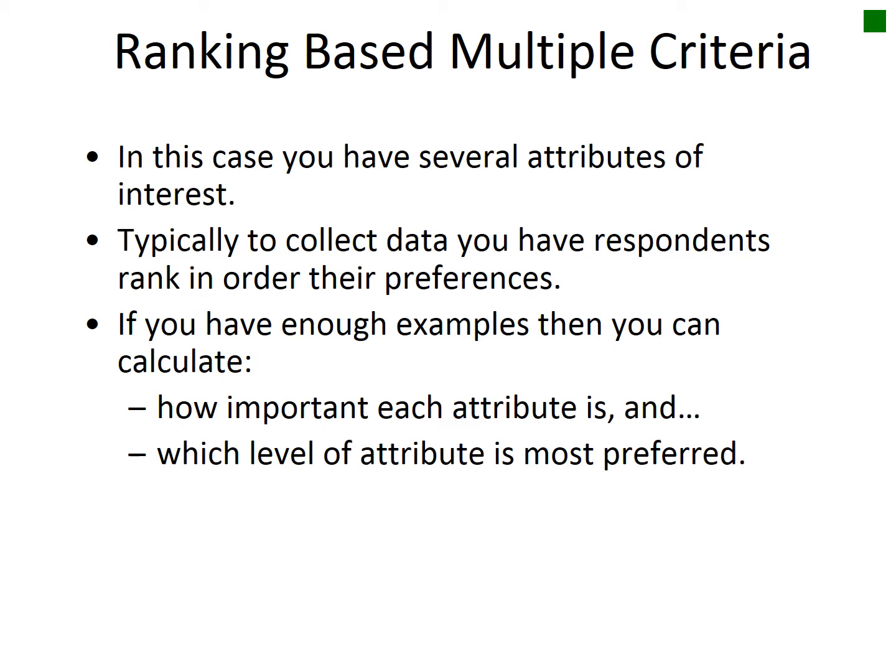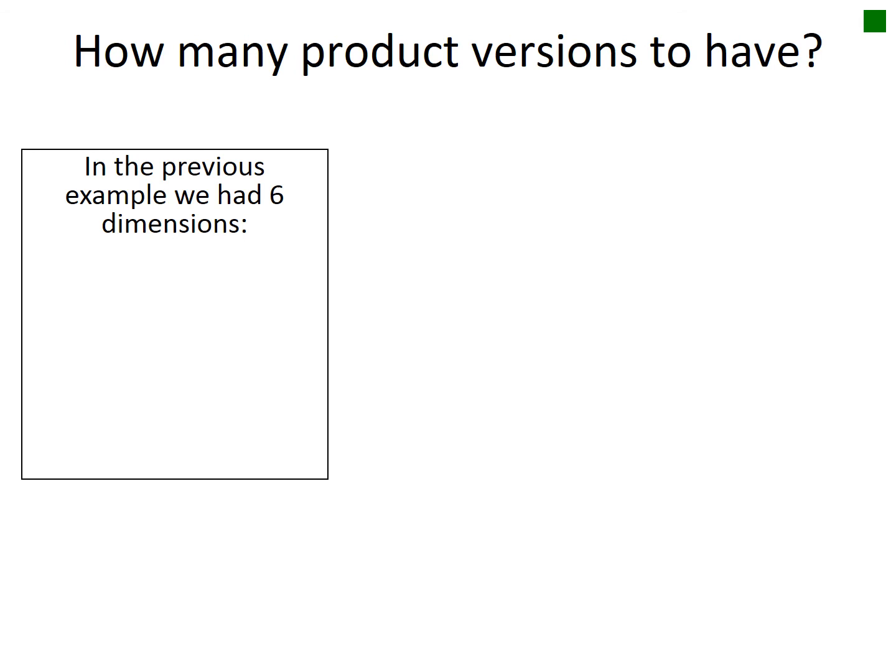So to get into this concept of attribute and level a little bit more, let's think about that dating service and the different characteristics that you could take out of those photos. There are 6 different dimensions that are identified in that dating service example.